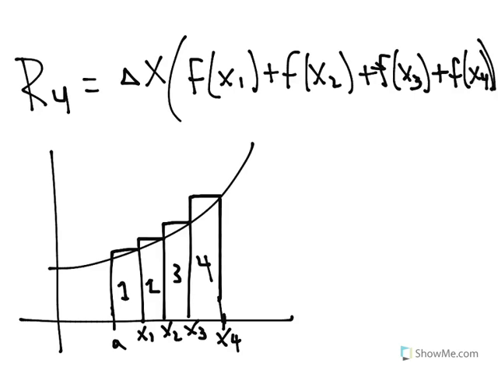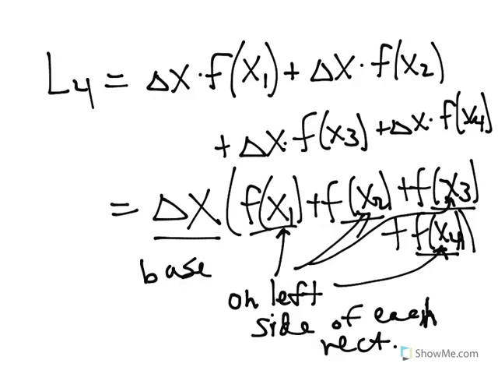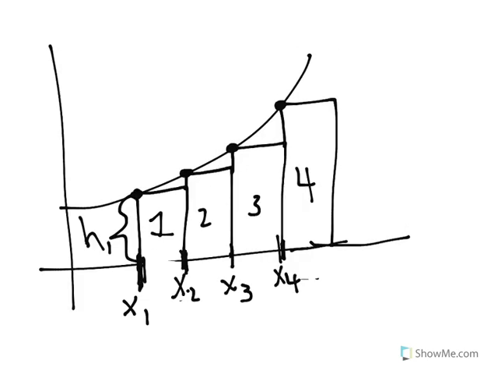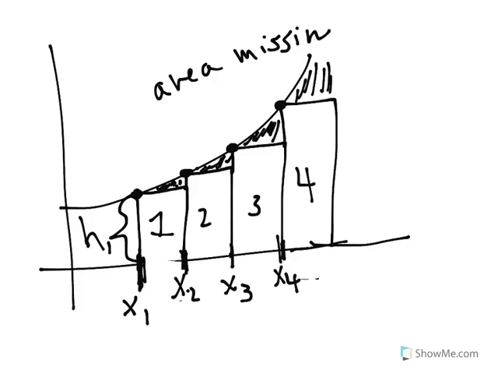Now, last thing for this video is that if you look back at the L4 example that we looked at, you'll notice there's a little bit of area above the rectangles that is actually under the graph that we are not including when we find L4. That means that there is area missing in our calculation.